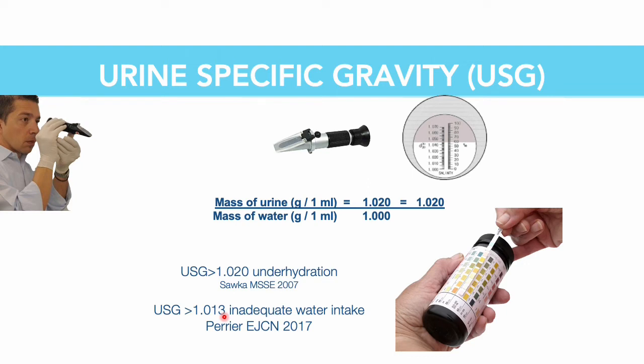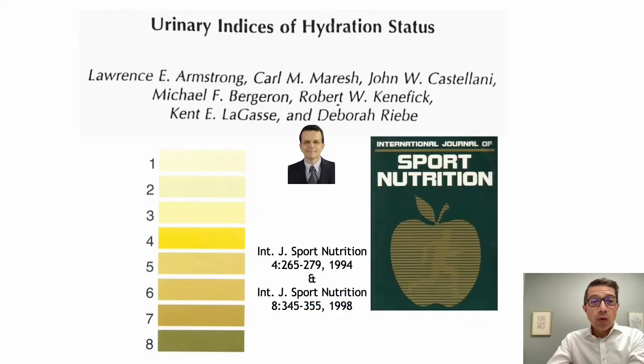So moving from more complex to more practical and easier to assess techniques, let's talk about urine color. Urine color was introduced back in 1994, with the first study, and 1998 was the second validation study. It was introduced by Larry Armstrong, professor from the University of Connecticut. I had the luck to work very closely with Larry Armstrong.